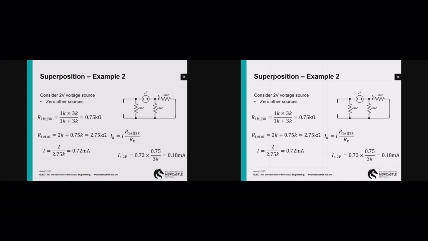So I4 due to the 2 volt source will be 0.72 milliamps multiplied by 0.75 divided by 3K, which is 0.18 milliamps.